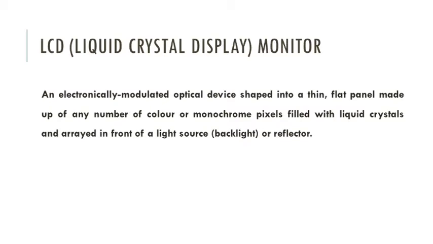Then regarding the cons of the LCD monitor, the limited viewing angle, then bleeding and uneven backlighting in some monitors, then slow response time, then we have only one native resolution, then we have the input lag, and also dead pixels are possible during manufacturing. So these are some important aspects regarding the differences between the CRT and the LCD monitors.